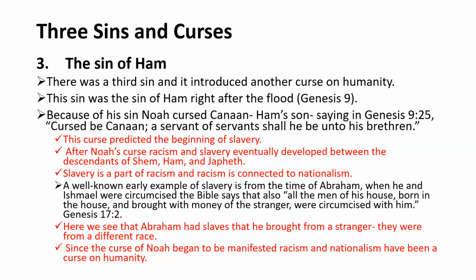I think when Melania explained the parallels between nationalism and racism, it kind of answered your question. When Ham sinned and the descendants of Canaan were prophesied to be enslaved, that was a specific nation, if we want to call it that, a specific tribe that went through this enslavement.